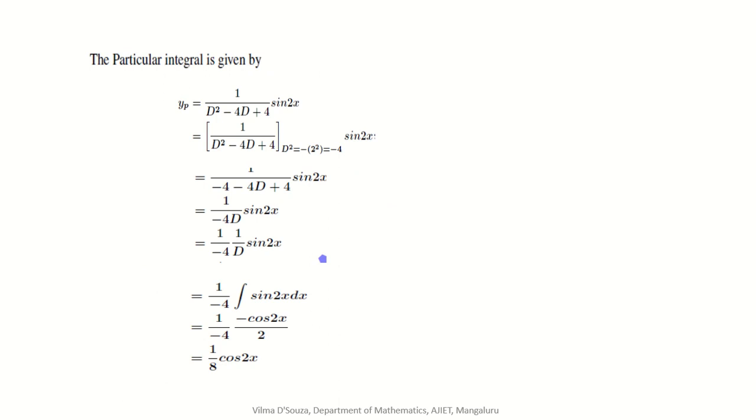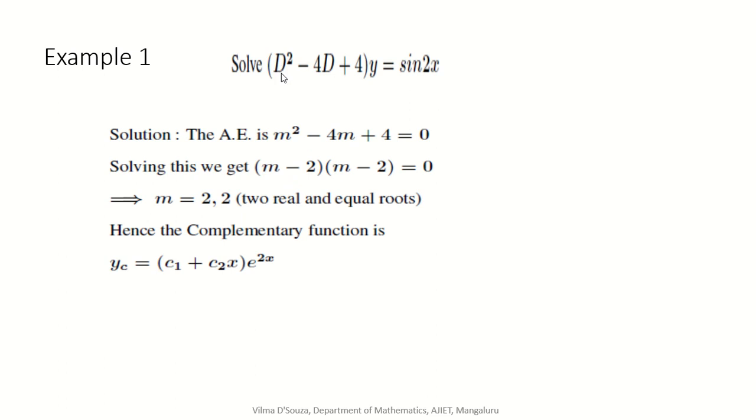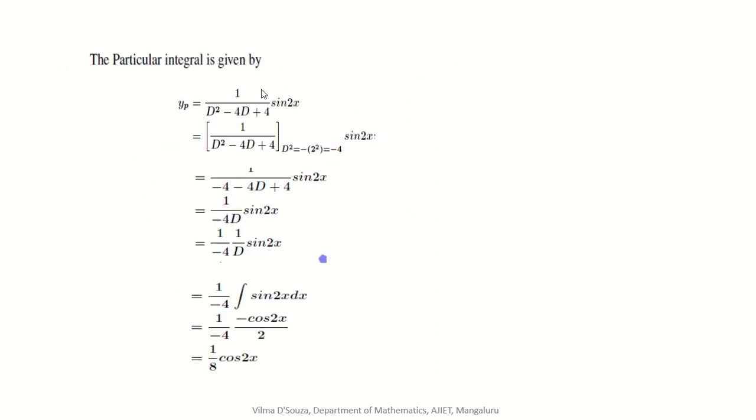Particular integral yp is equal to 1 by f of d into phi of x. What is f of d? D square minus 4d plus 4. So 1 by d square minus 4d plus 4 of sine 2x.